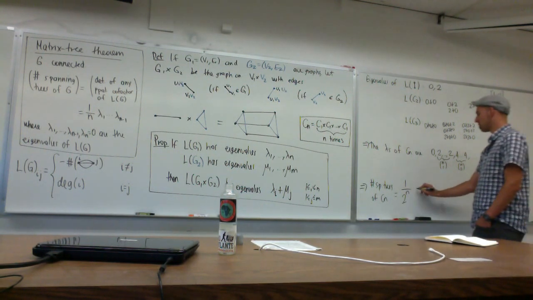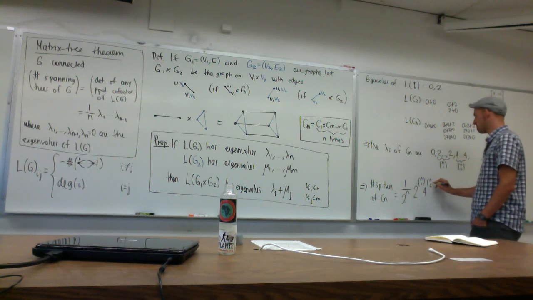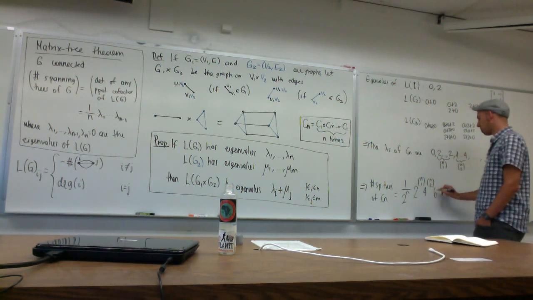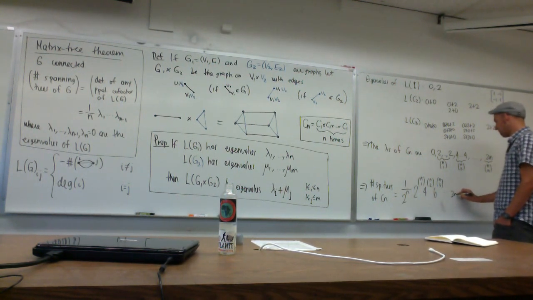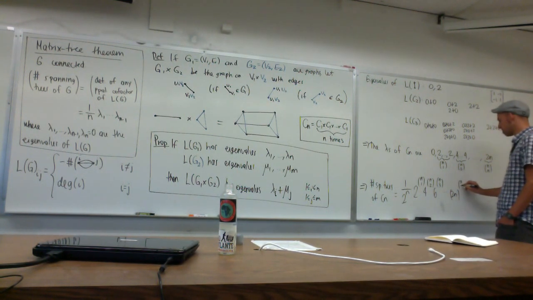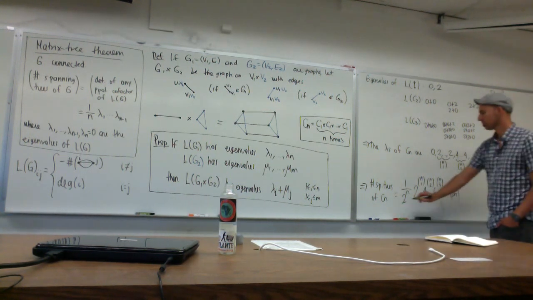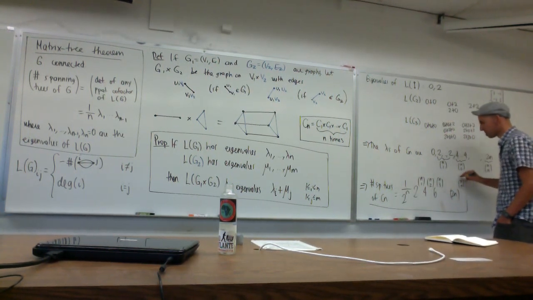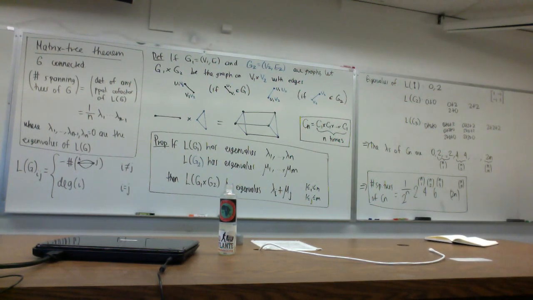So I get 2 to the n choose 1, 4 to the n choose 2, 6 to the n choose 3, etc. up until 2n to the n choose n. So with a very small amount of work, you can get this to look like the other formula. So that's the proof.